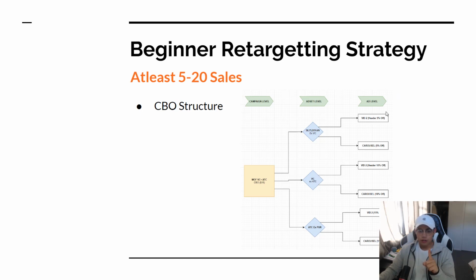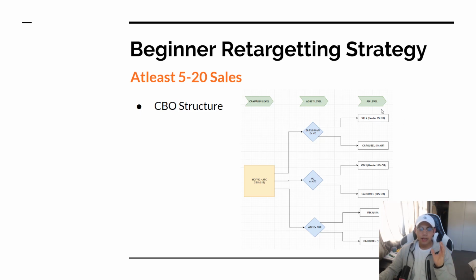Okay, and then we're going to attach 2 ads on that. The first video, as I said previously, make at least a shorter version of your main video to use for retargeting, because they've already seen your video previously, so it doesn't make sense to show the same video, although you can by offering a discount, but you kind of want them to feel like they're not just watching the same video.